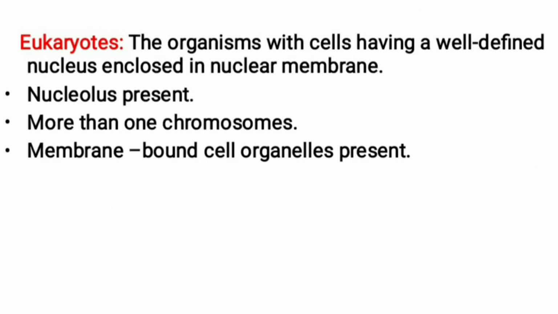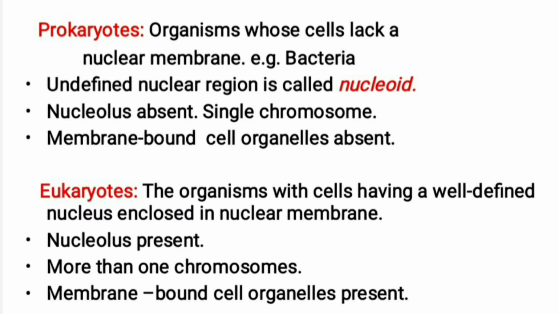At the same time, eukaryotes consist of, as I mentioned earlier, a true nucleus, a well-defined nucleus which is covered by a nuclear membrane. Inside the nucleus, the chromatin material condenses to form chromosomes and genes. More than one chromosome is present inside the nucleus.